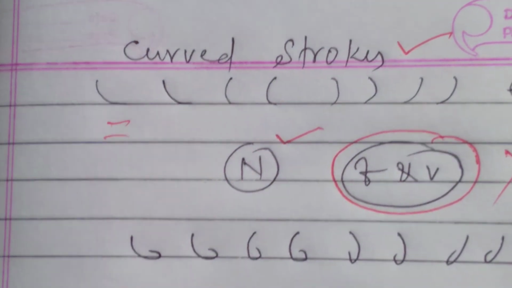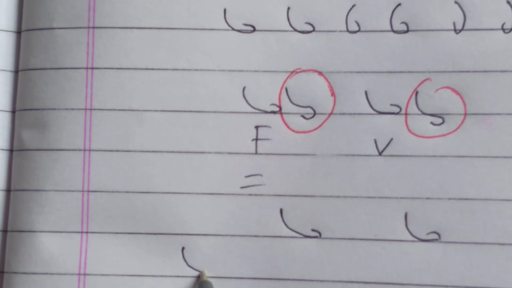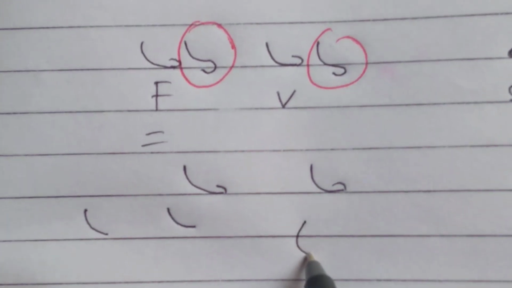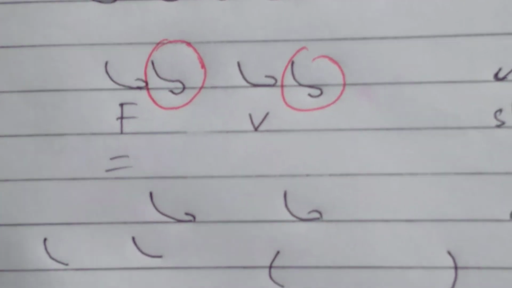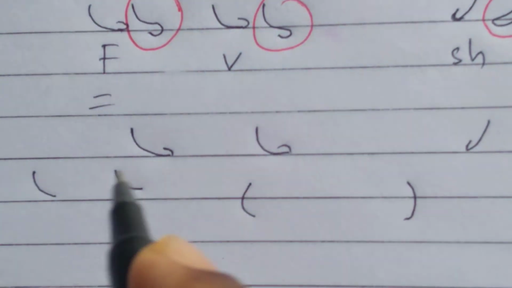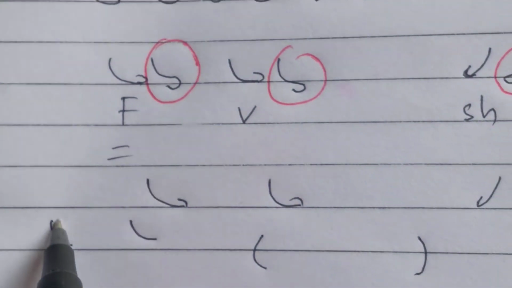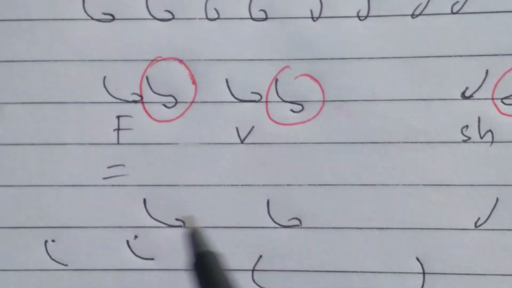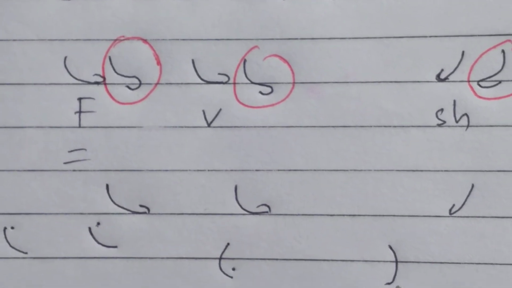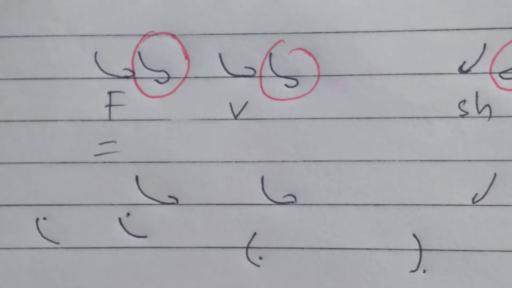Now I am going to give examples here. F above the line, V above the line, th through the line, S through the line. I am trying my level best to help you understand. F plus A, fa. V plus A, va. Th plus E, the. S plus E, see.